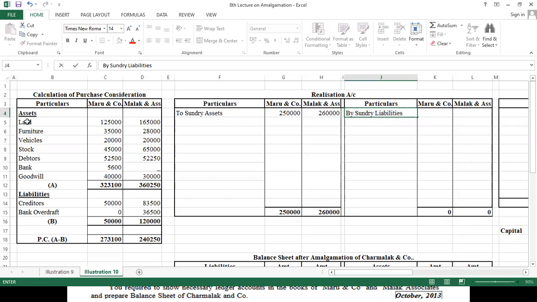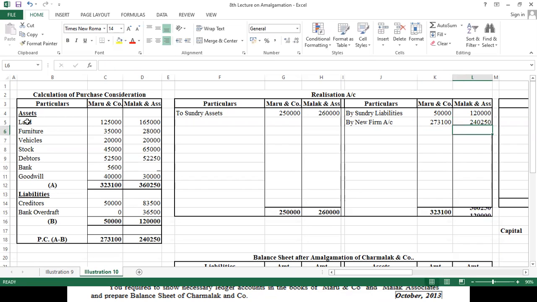I have taken all the values as per book value, so there is no need to see the balance sheet: 50,000 and 1 lakh 20,000. Then by new firm account, here I got 2 lakh 73,100, and here I got 2 lakh 40,250.